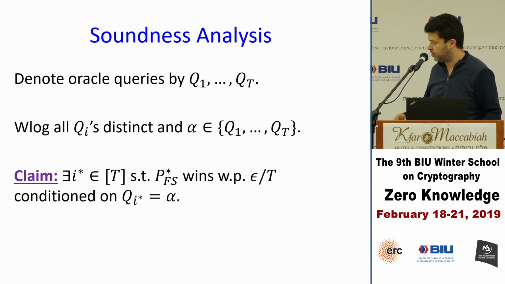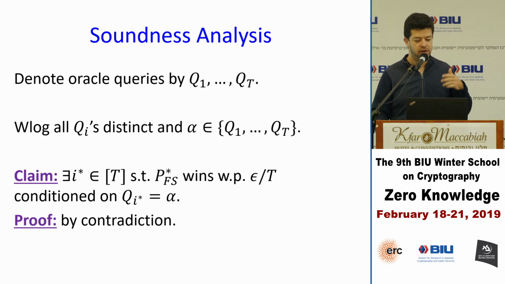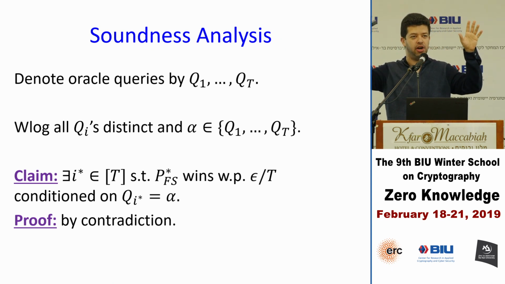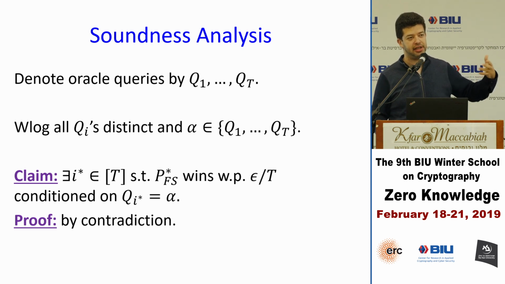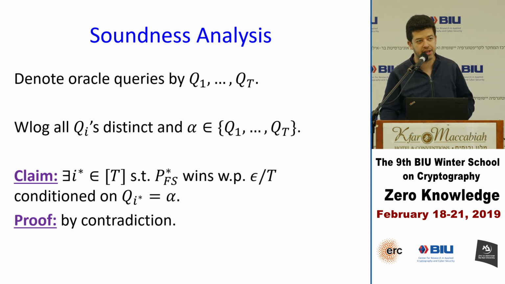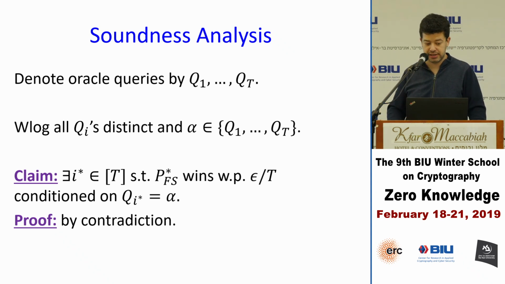The reason for that, we can call it a hybrid argument or whatever, but for me it's easiest to think of it this way: suppose that it doesn't hold, then you think of the entire probability space, different choices of i star, you partition the probability space into t parts, each of which has measure less than epsilon over t, and overall you're going to get less than epsilon probability. So I hope this is easy to see. And this claim is going to be useful.